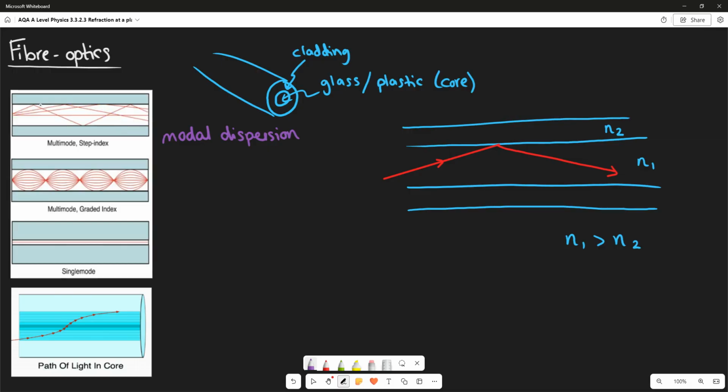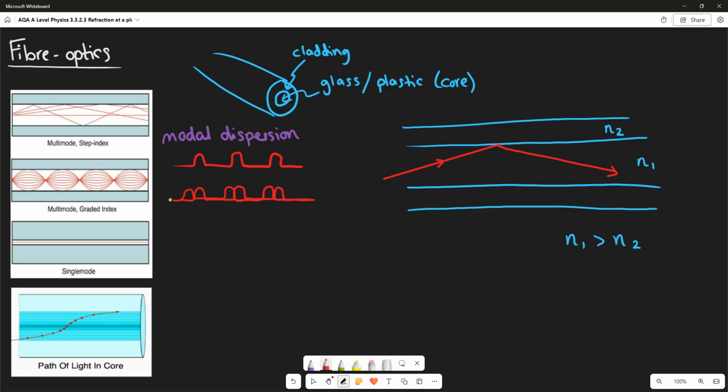And what this means is that the different paths of light are arriving at different times because they're traveling different distances. So if you are sending out a signal that's composed of pulses, then what you're getting at the other end are the pulses that are arriving at first. They're arriving the quickest because they're traveling straight through. And then just after that, you're getting those that are traveling a slightly longer route and are delayed slightly.